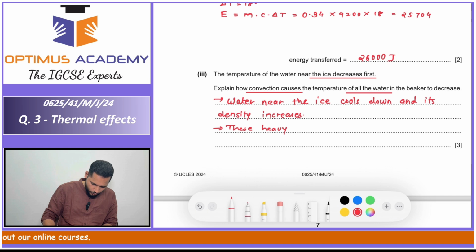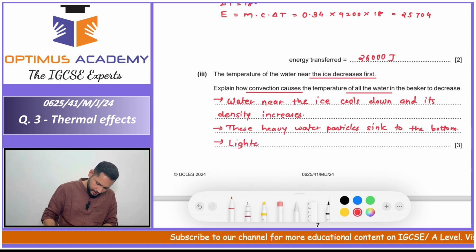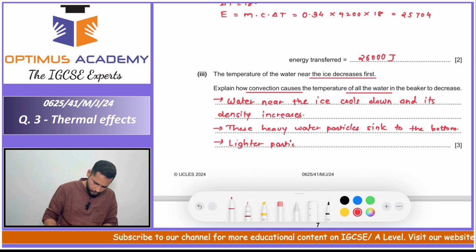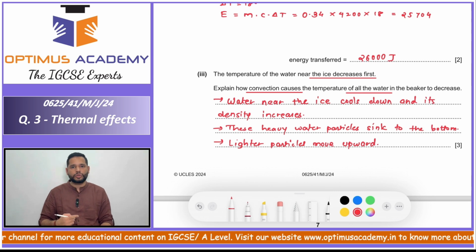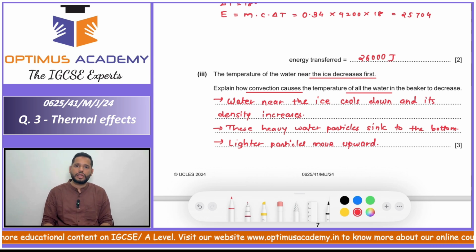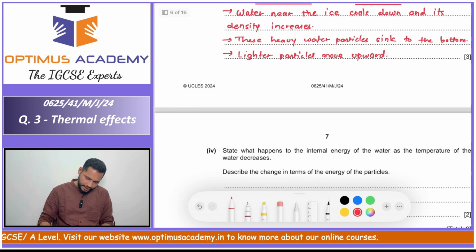These heavy water particles sink to the bottom and the lighter particles move upward. So this cycle keeps on going, and because of that the entire water cools down. We'll go to the next question.